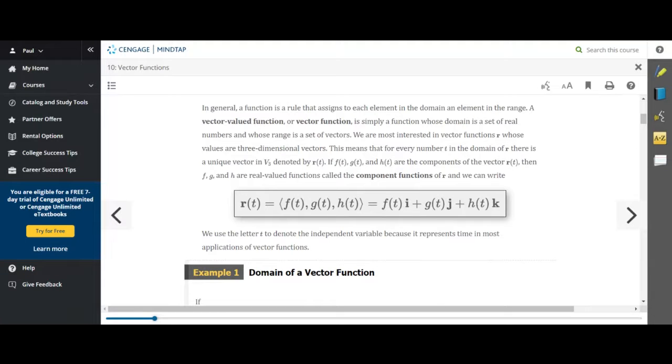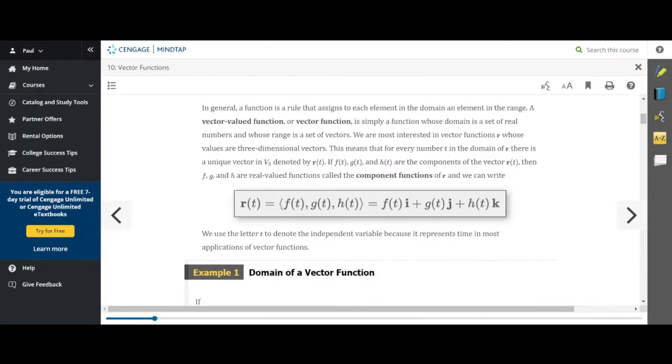Well, for a vector valued function, r of t, the x, y, and z components are all functions of t. And as t varies, the functions f, g, and h give different coordinates. And the different coordinates trace out a curve in space.